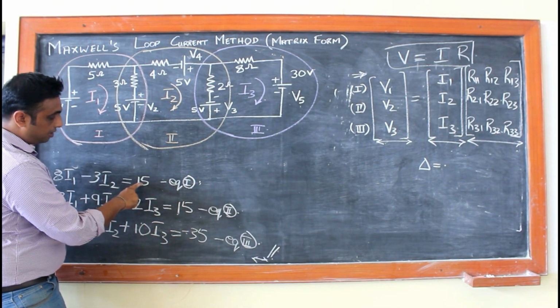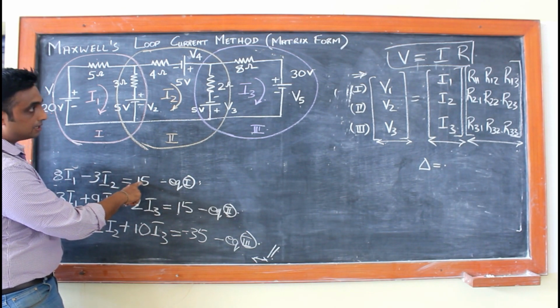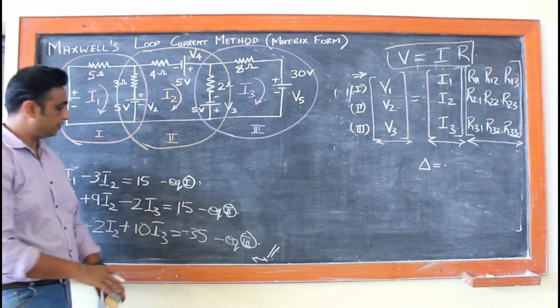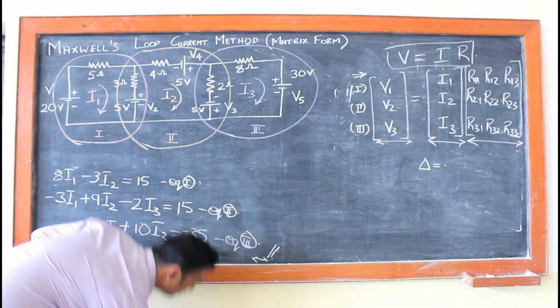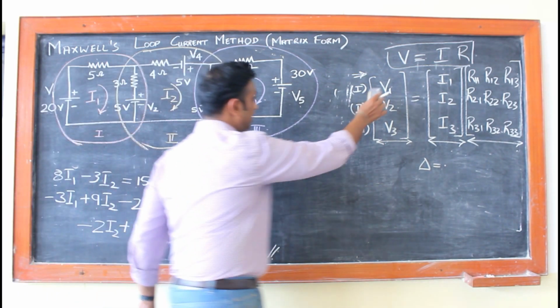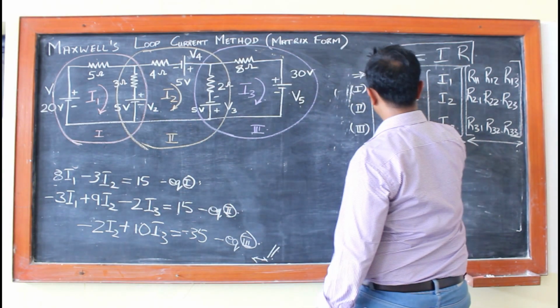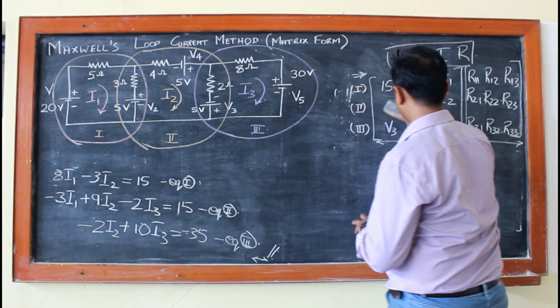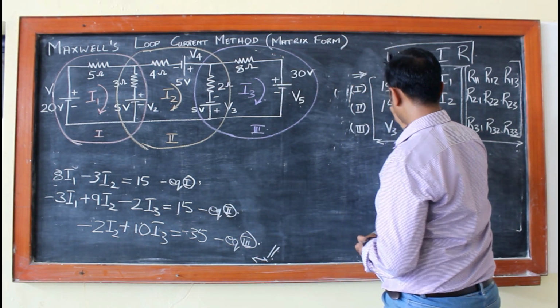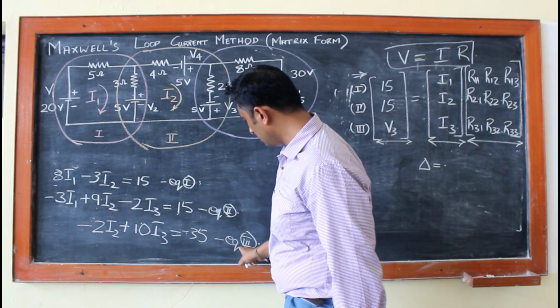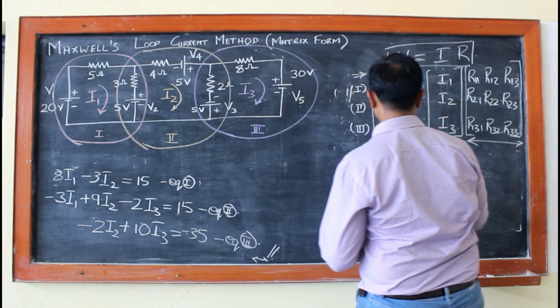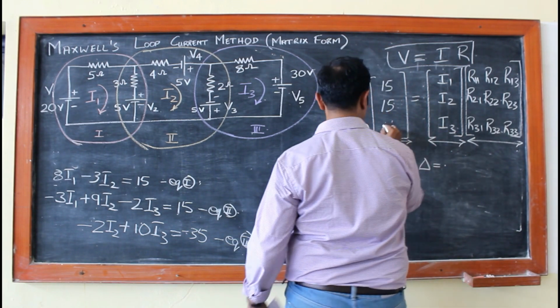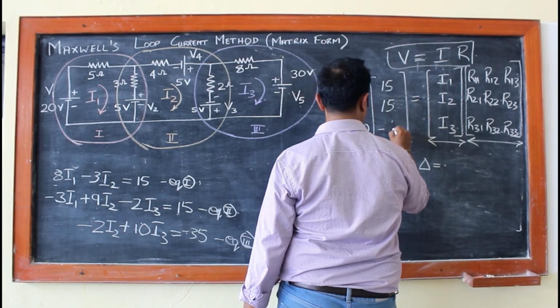In equation 1, V1 will represent the loop voltage V1. So we have 50, which represents equation 1. We have 15 for V2, which represents equation 2, and for V3 we have minus 35, which represents equation 3.